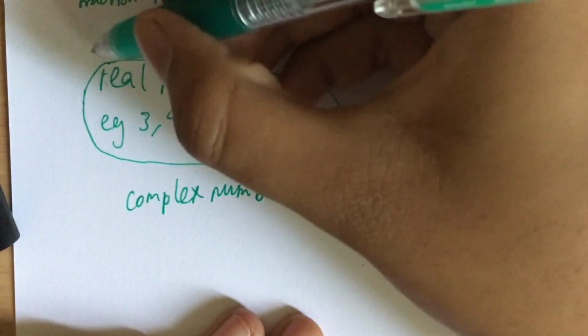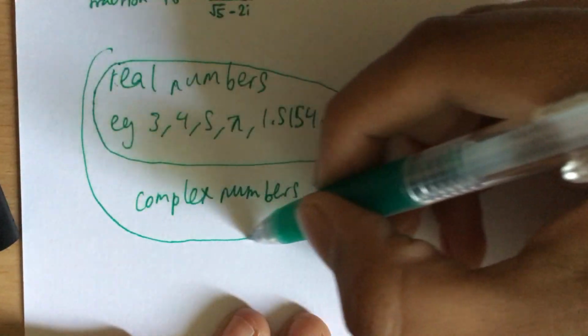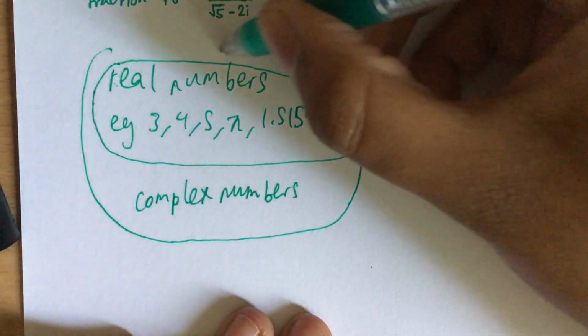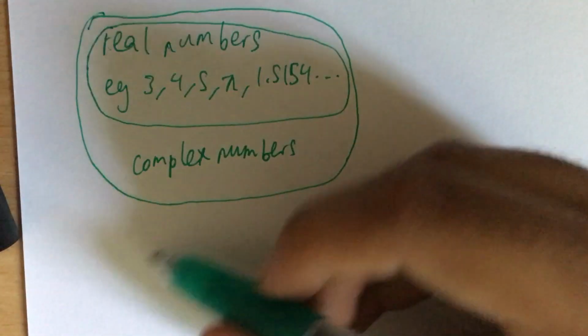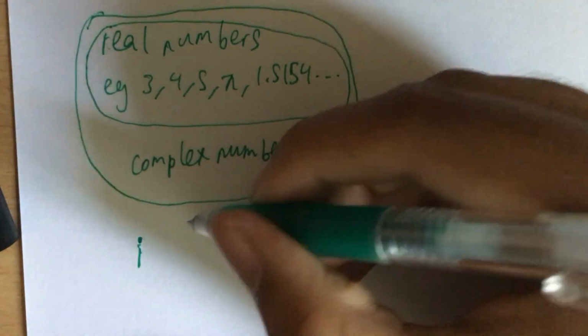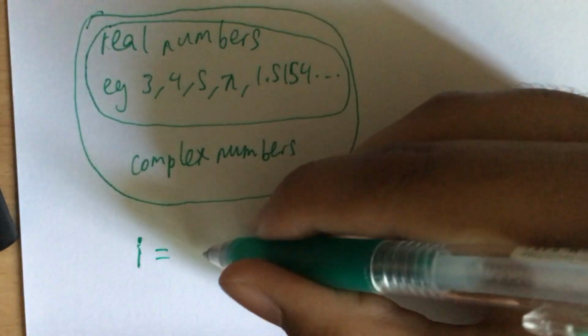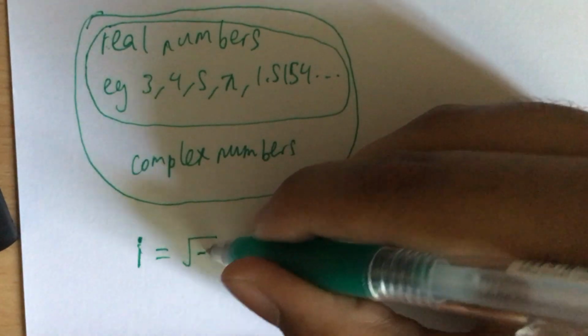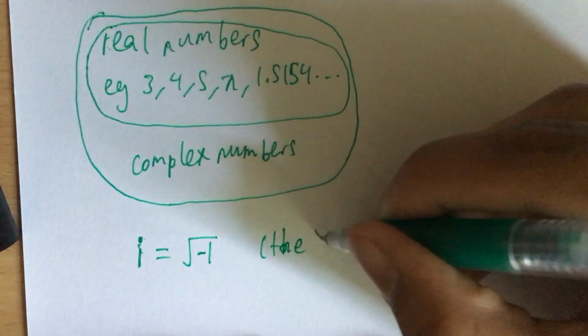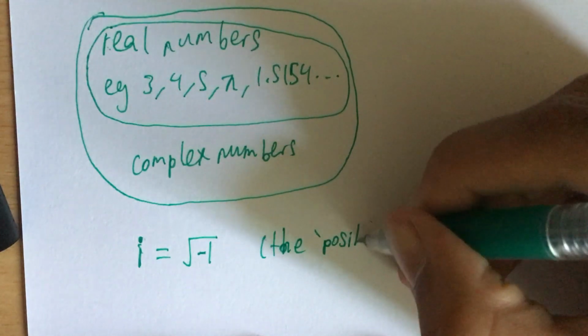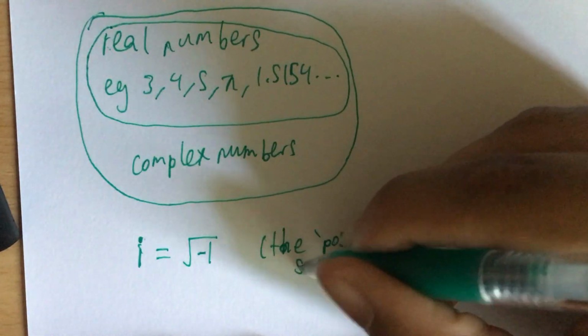So if you've seen complex numbers before, you know what this i means. Like if you have 1 in real numbers, in complex numbers you have i. And i is defined as the square root of -1, because for the positive numbers you can find a square root which is either positive or negative.